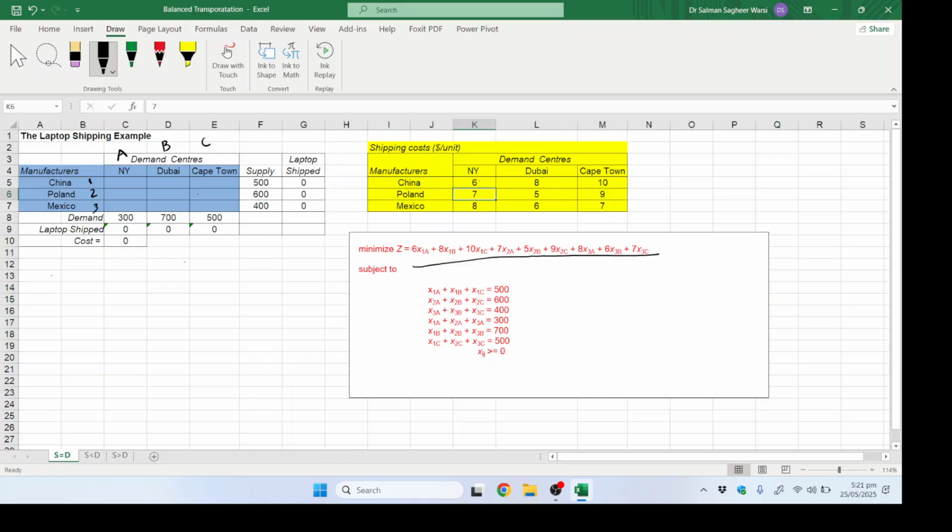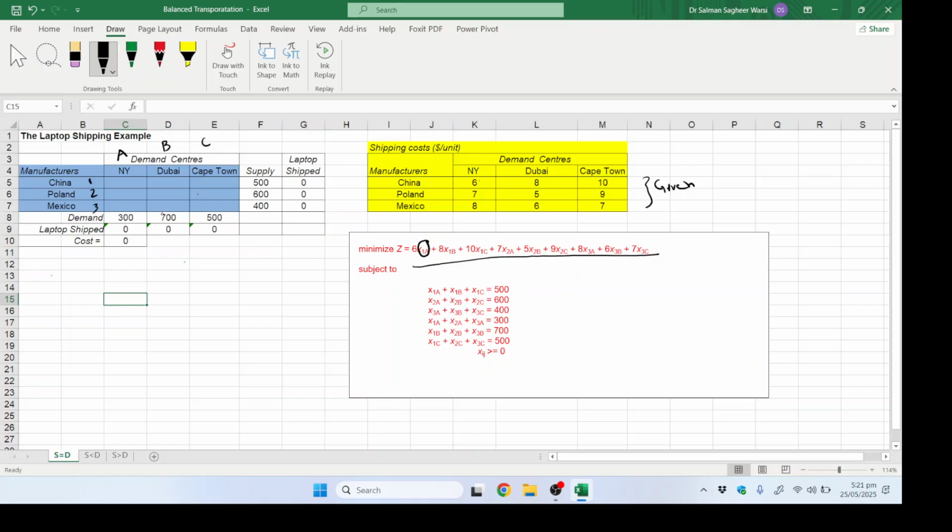So the key to doing this type of problem is to make two tables which are similar in structure. The first table, as given in the yellow, is the cost data, which is given in 3 rows and 3 columns. This is the given data to us, so we will make this table. And on the right hand side, this table in blue also has 3 rows and 3 columns, but its cells will be empty, and each cell will represent the unknown quantity.